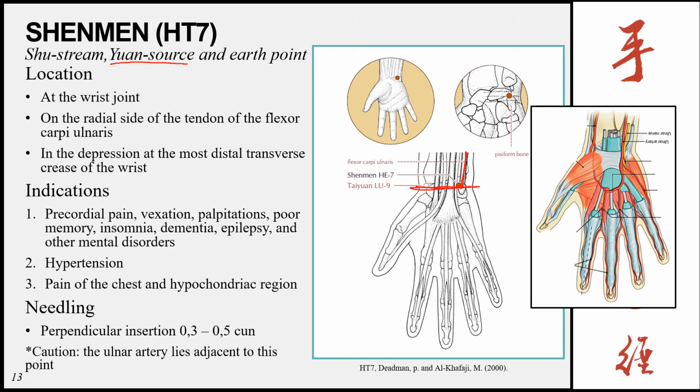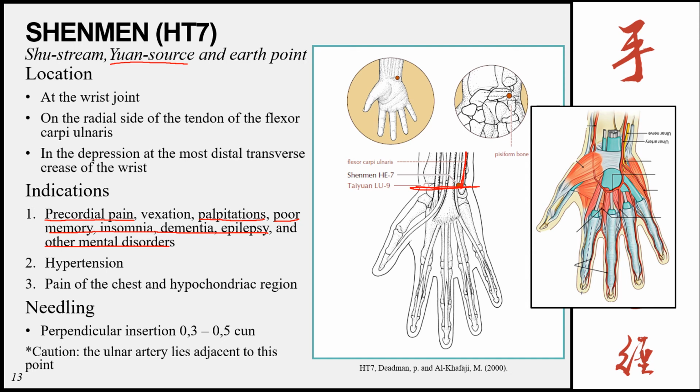And this is why it can be used for all these conditions in number 1, which are symptoms such as precordial pain, vexation, and palpitations. That's all to do with the first function of the heart in governing the blood and the blood vessels. And then the second aspect, the poor memory, insomnia, dementia, epilepsy, and other mental disorders, is related to the secondary function of the heart in housing our mind.